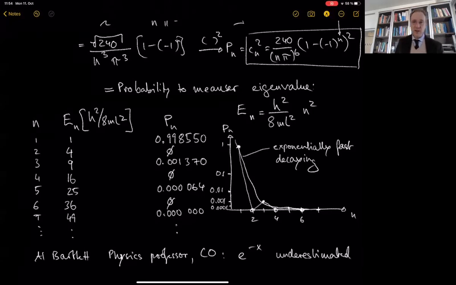So you can imagine now, if somebody wants to tunnel through a wall, you would need fairly high energies to do this, right? And the probability for this to happen, you see how quickly it decays for just the first couple of accessible levels.